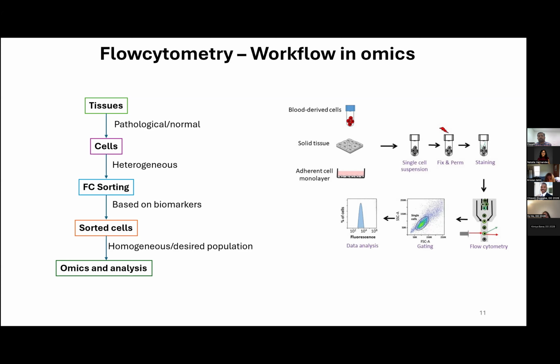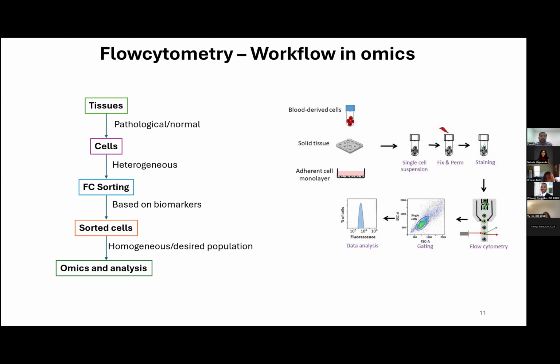Once the sorted cells are available, you can either culture those cells and expand a cell line which is positive or negative based on the expression of the marker. So those sorted cells can be used for analysis.